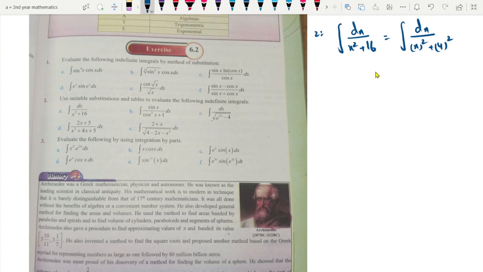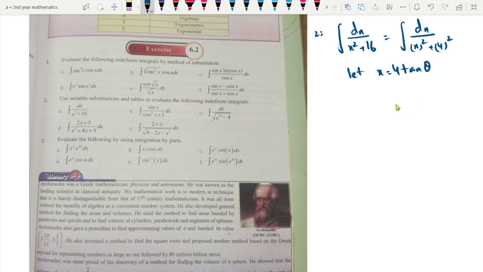Here we can let x be equal to 4 tan of theta.